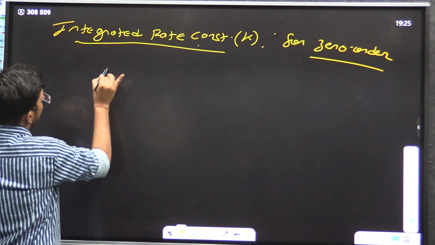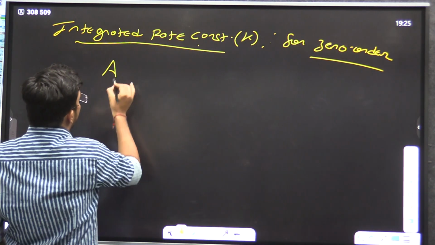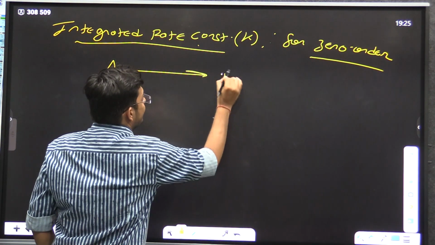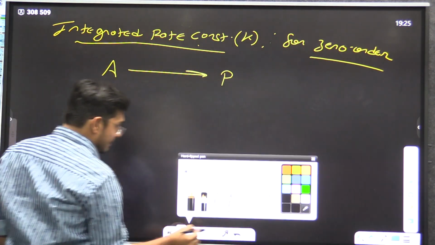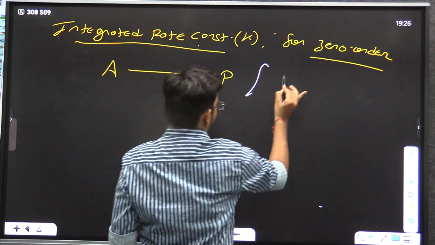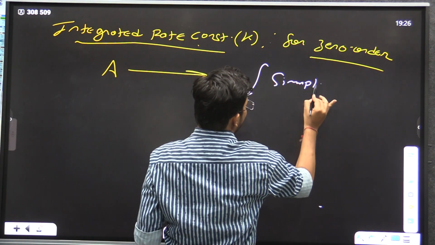Let's suppose, my dear, we have a reaction with reactant A changing to product P. Now, most important, we are assuming a simple reaction. Why am I saying a simple reaction?